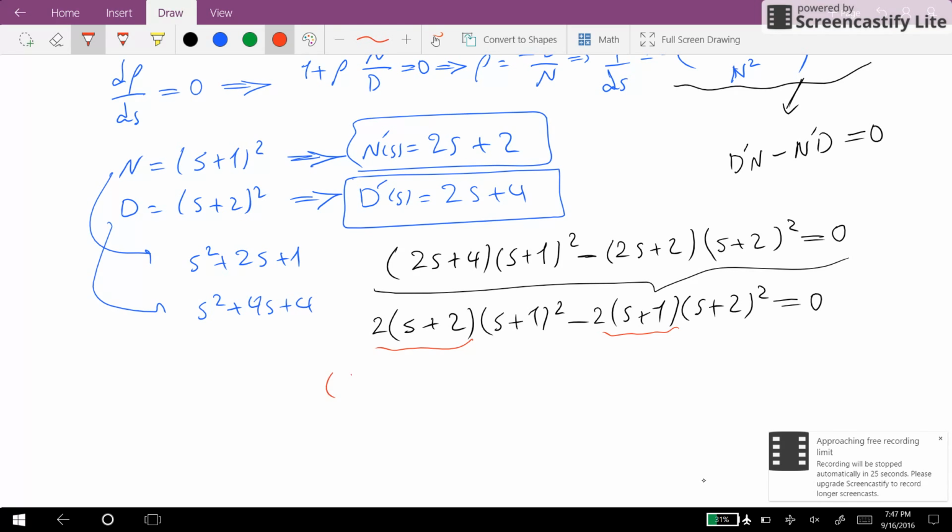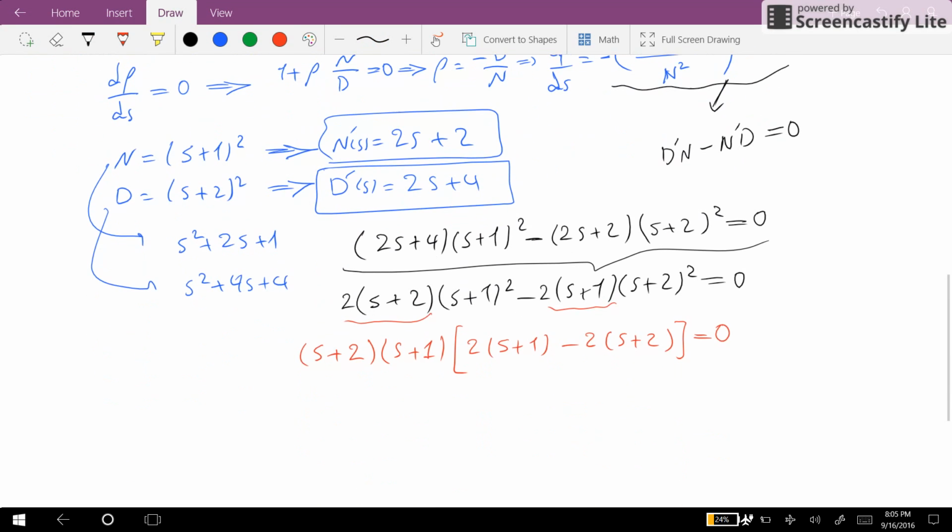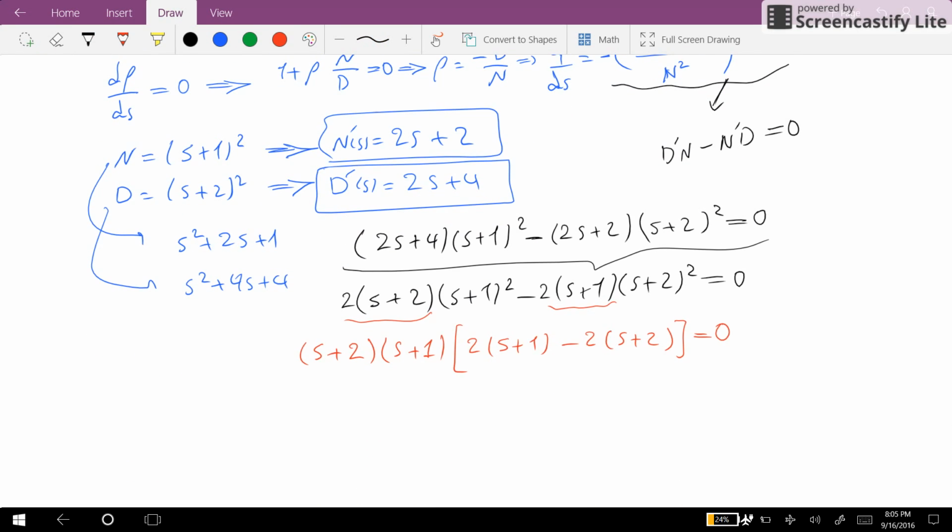So I will have (s plus 2) times (s plus 1) times [2 times (s plus 1) minus 2 times (s plus 2)] equal to 0. So here we can say that we have two roots, s1 equal to -2 and s2 equal to -1.